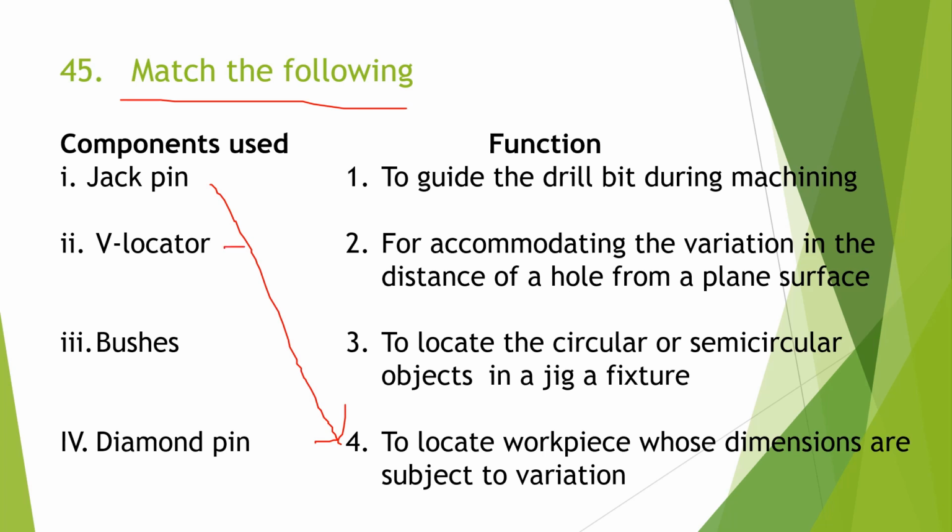V locator, to locate circular or semicircular objects in a jig or fixture. Next, bushes, to guide the drill bit during machining. And diamond pin, for accommodating the variation in the distance of a hole from a plane surface.